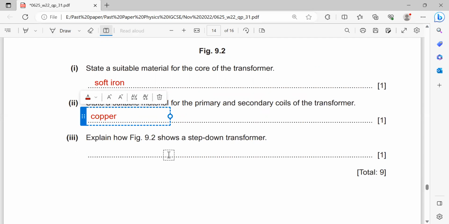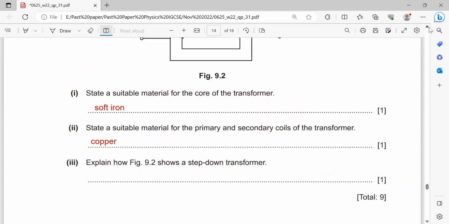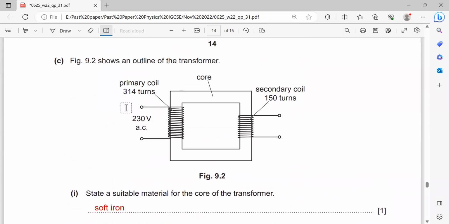Next, explain how figure 9.2 shows a step-down transformer. Look, the primary coil is 314 turns, while the secondary coil is 150 turns. So the primary coil has more turns than the secondary coil.